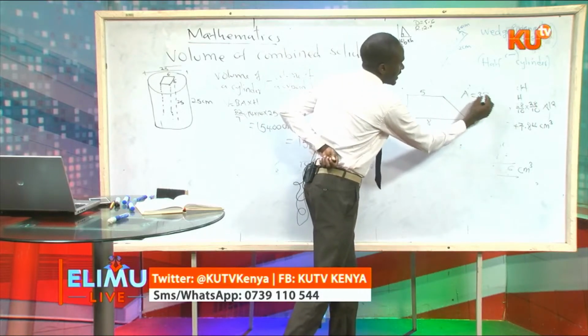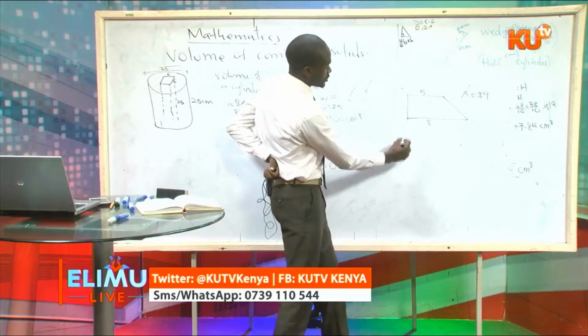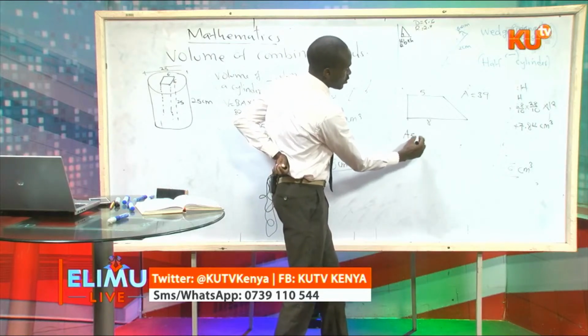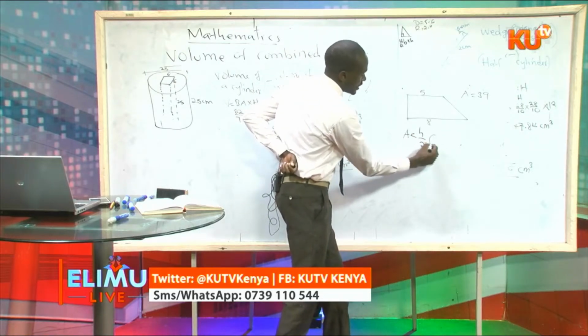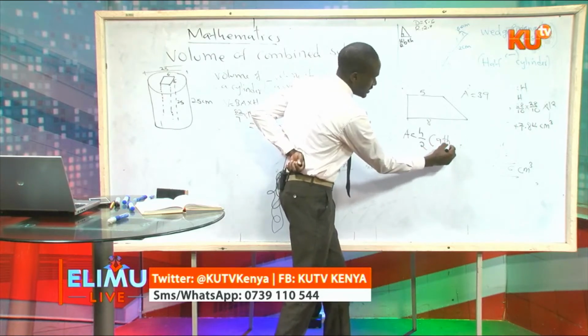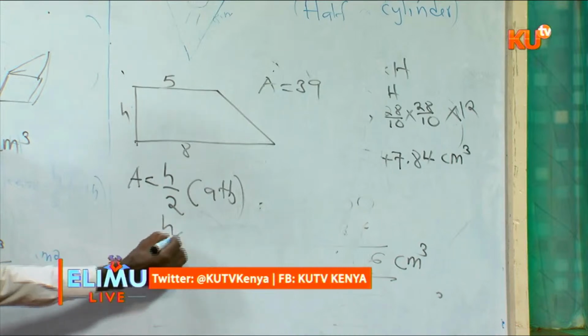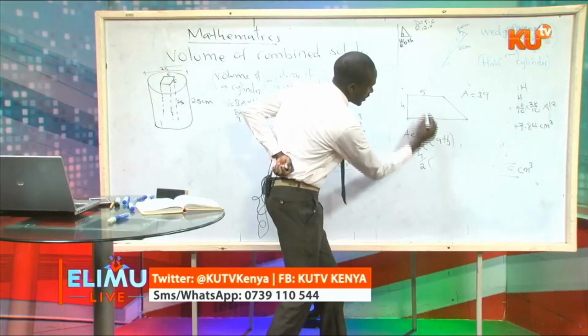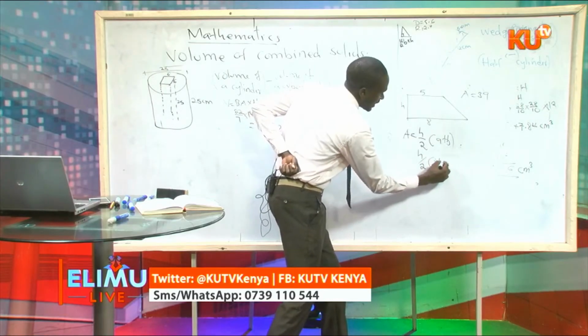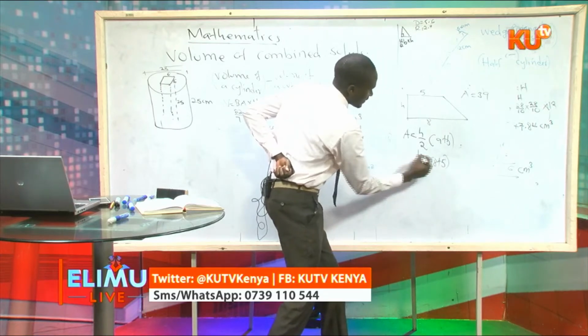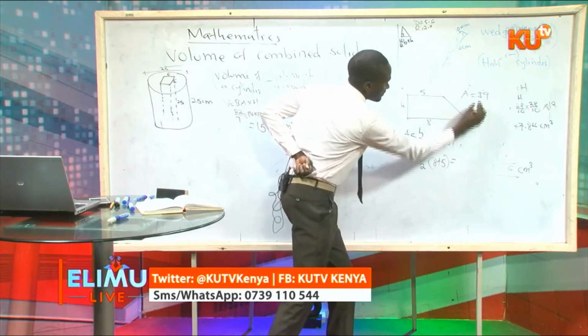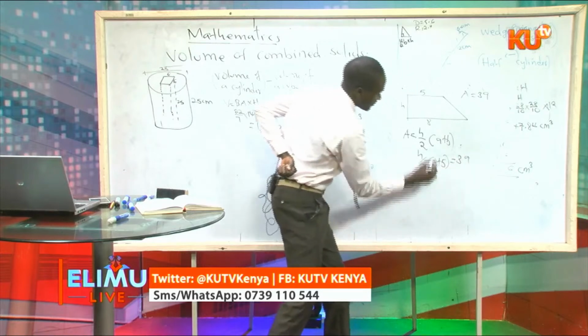Area, you are given as 39. What do you do? You say area is equal to h over 2 into a plus b. Now, h is not there. I just write h over 2 into a plus b, 8 plus 5.